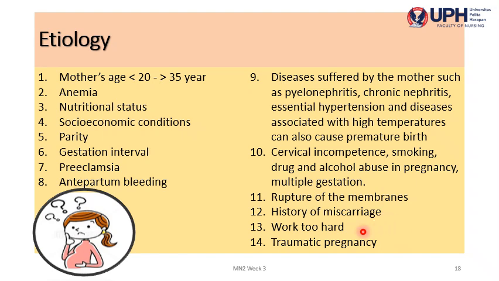And sometimes mothers, women, we work too hard, and it causes stress and pressure on the pregnancy, and that becomes another factor that causes premature birth. As well as traumatic pregnancy. So the mother has experienced a traumatic birth before, and this leads to another traumatic pregnancy, which causes the mother to really struggle emotionally, and then leads to premature birth.